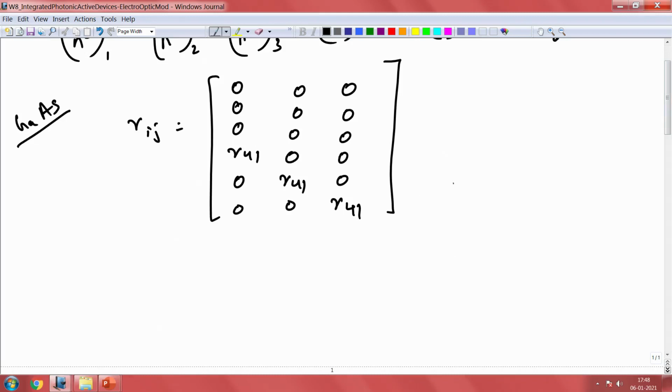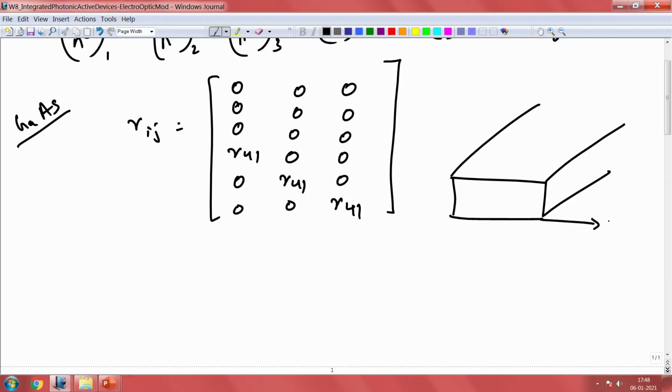So, let us take a simple waveguide made out of gallium arsenide in this case. So, the axes here are, this is x and this is z and this is y, and here the electric field is along the propagation direction. So, this is where your electric field is, right.